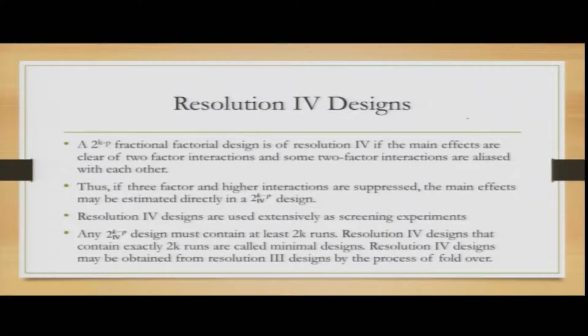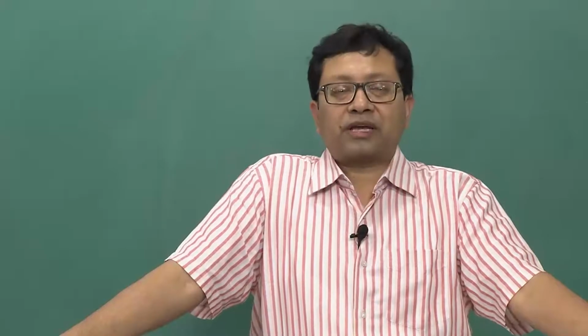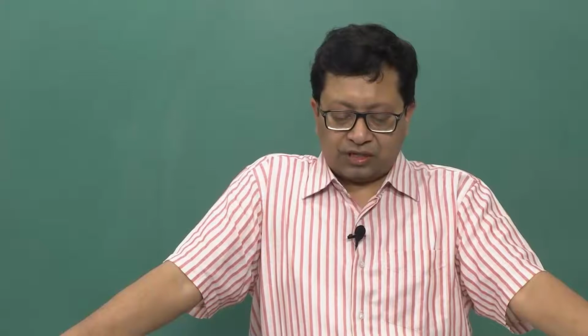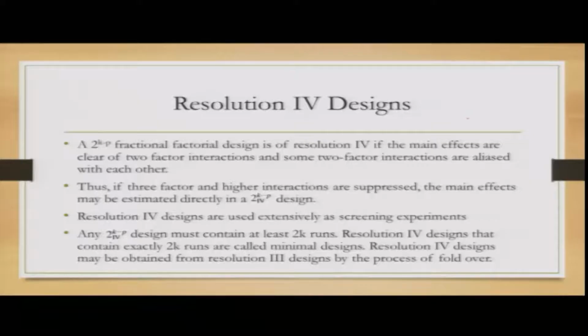The resolution 4 design. So, consider the two-level fractional factorial models, which is 2 to the power k minus p, which we have been discussing time and again. This fractional factorial design is of resolution 4, which means the main effects are clear of two-factor interactions, and some two-factor interactions are aliased with each other, and we can solve the problem. Thus, if three-factor and higher interactions are suppressed, the main effects may be estimated directly.